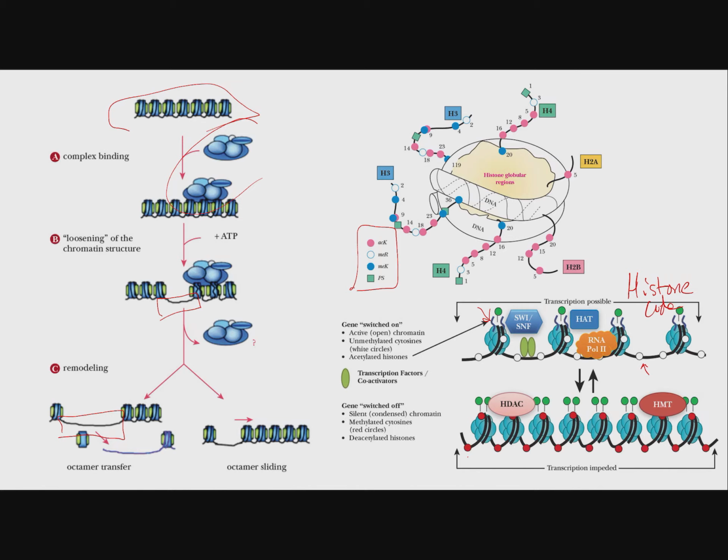And when genes are on, we tend to see the opposite: acetylated histones, unmethylated cytosines, and so on. So by doing these modifications to the nucleotides or to the histones, we're able to turn on and turn off regions of the DNA. So this is called the histone code.